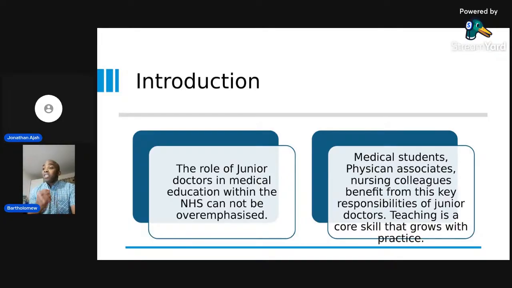In fact, the GMC has expectations from us as medical doctors to be teachers. We will all recall that in our examination, one of the stations that came out to us in the PLAB 2 examination, which is now the UKMLA, is the teaching session. In those sessions, we are given questions which test our teaching skills.